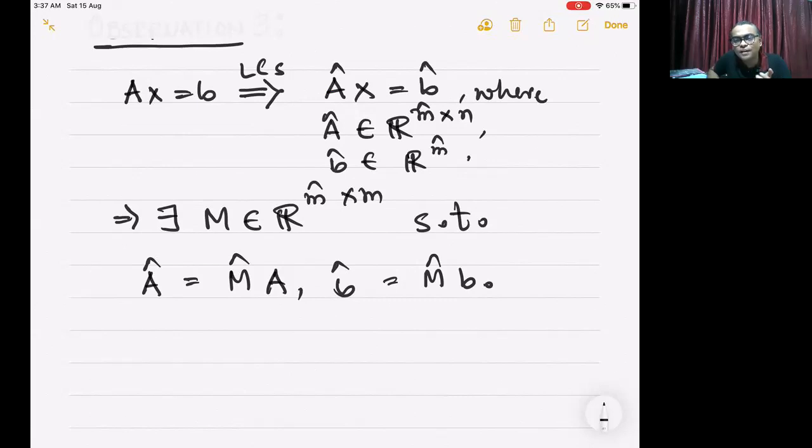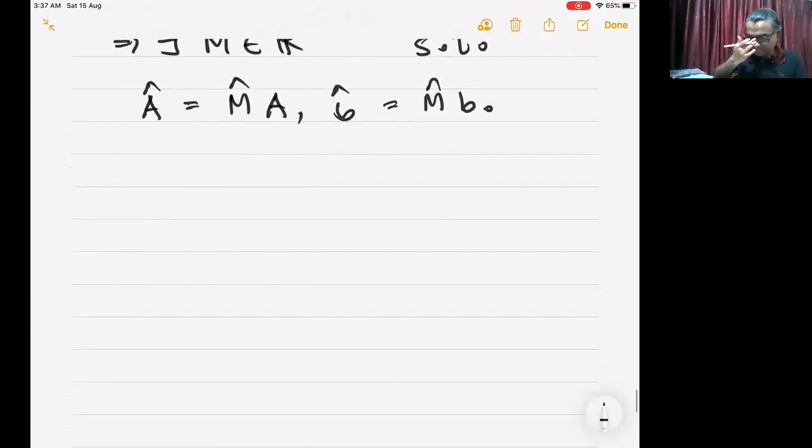Now I just collect those rows together and form this matrix M. Then M times A will give me A hat. Right? That's it.